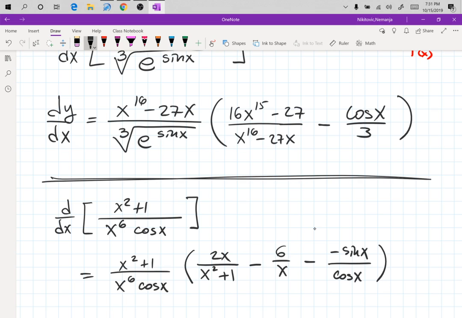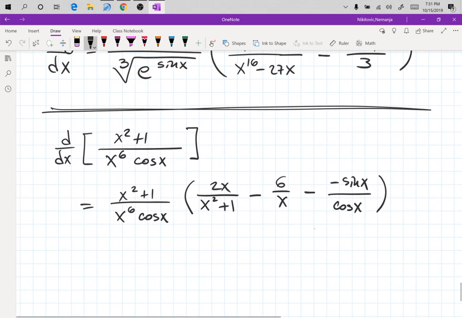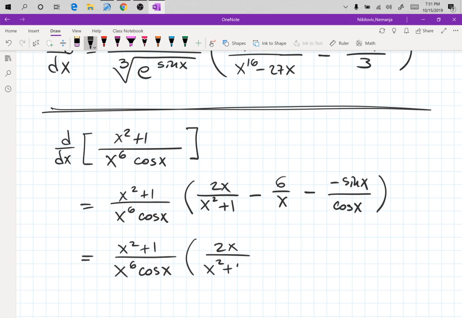So to solve the problem all the way: x squared plus 1 over x to the 6 cosine x, and then we have 2x over x squared plus 1 minus 6 over x plus tangent x. Done deal.